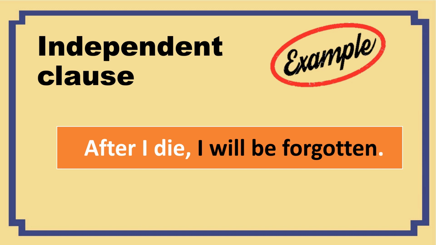Between these two parts, the one with the subject and the verb is I will be forgotten. The subject is I, and the verb is will be forgotten. Since it is a group of words with the subject and the verb and has a complete thought, it is an example of an independent clause.